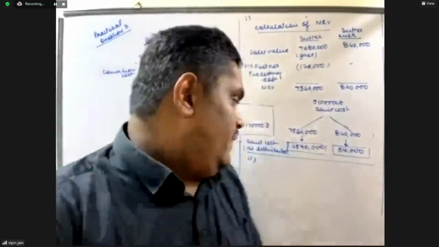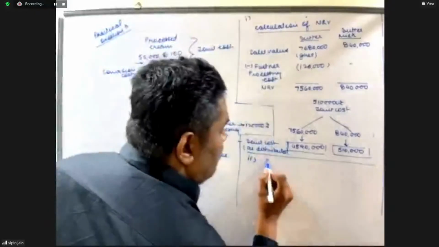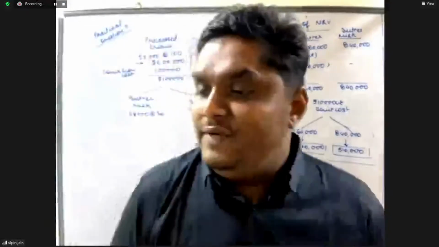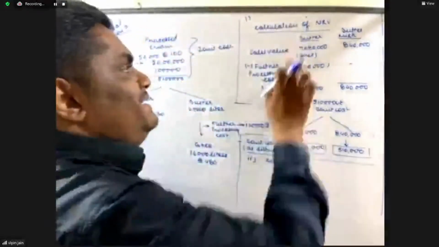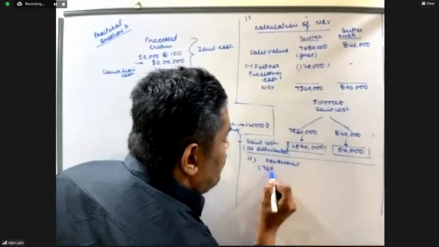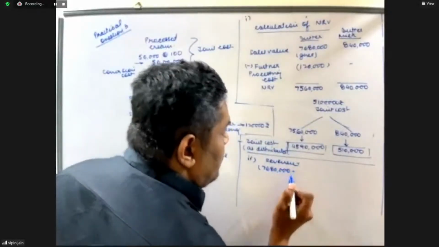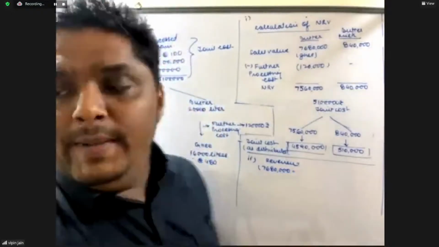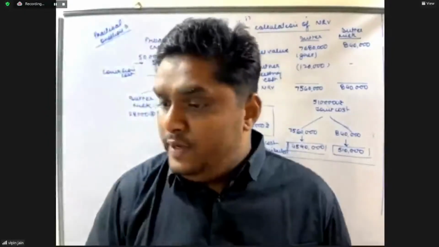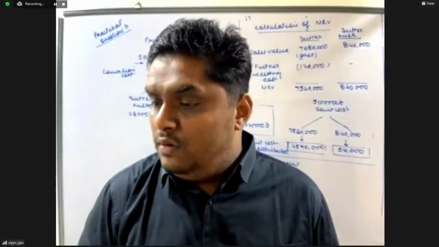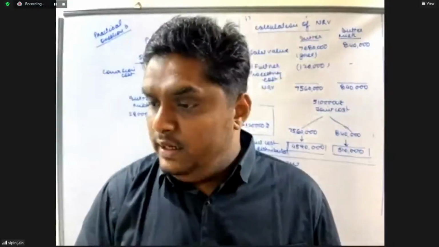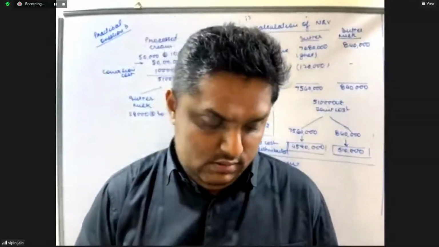So herein, when talking about the revenue part, earlier we were getting a revenue of 76,80,000. Now you will be getting a revenue of 20 tons into 360.